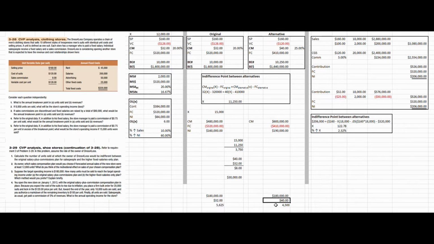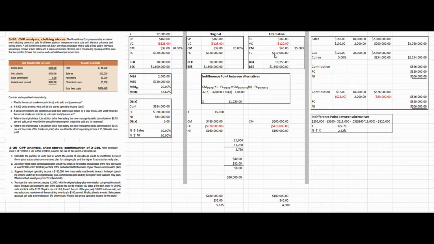In fact, we only need to sell an incremental 4,500 units. So the total number of units that we would have to sell under this option would be our break-even of 10,250 plus an incremental 4,500, so that would be 14,750.